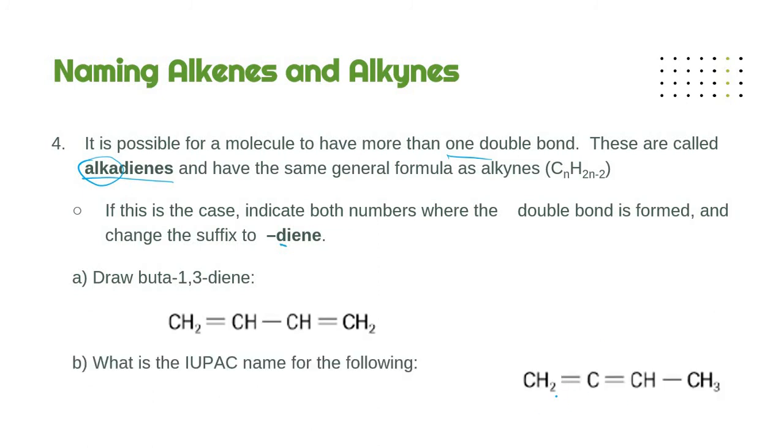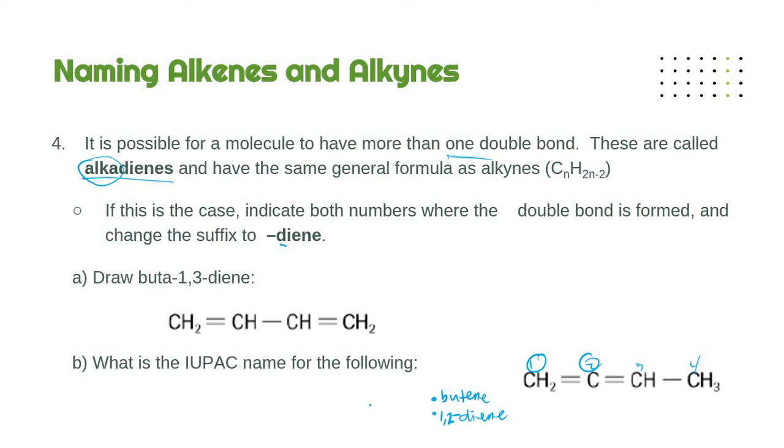How about this? The IUPAC name of the following. This is also a butane, but a diene, and it's at 1, 2, 3, 4. So it's at 1 and 2.